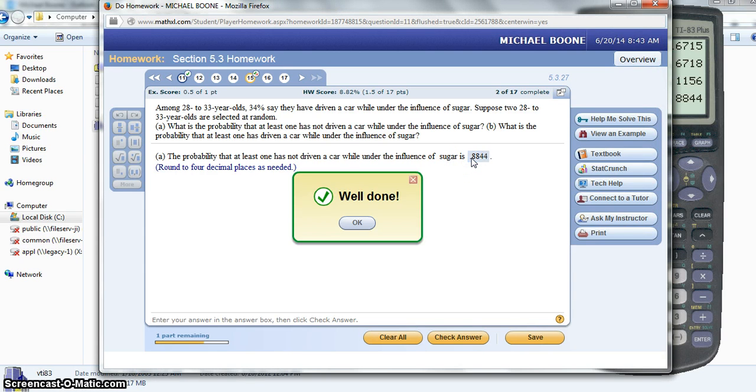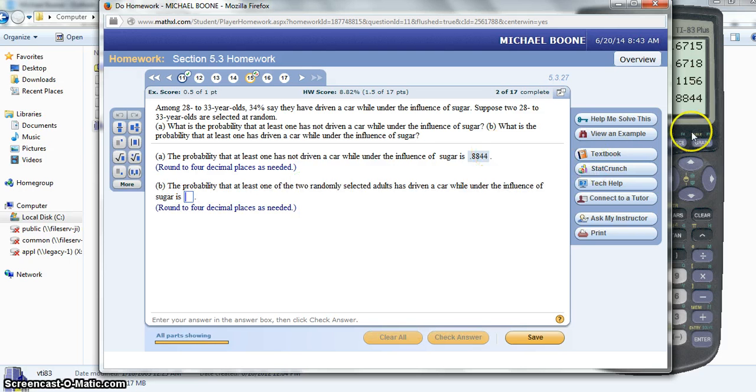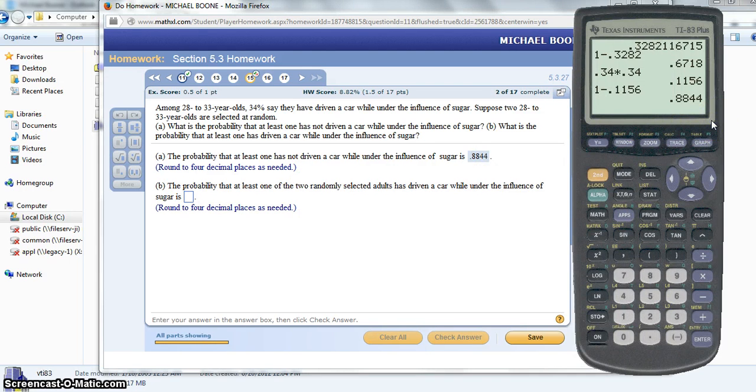Woohoo! Now, the next one is saying that at least 1 has driven. So that means 1 has driven or 2 have driven, but it doesn't mean 0 have driven. 0 have driven means they both did not. So what we have to do here is find the complement of our 34%. That's 66%. 66% have not driven a car while under the influence.